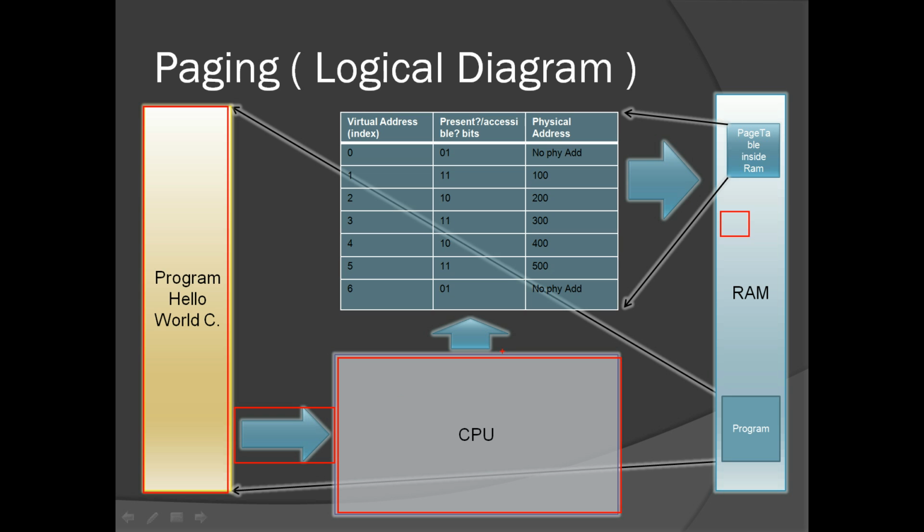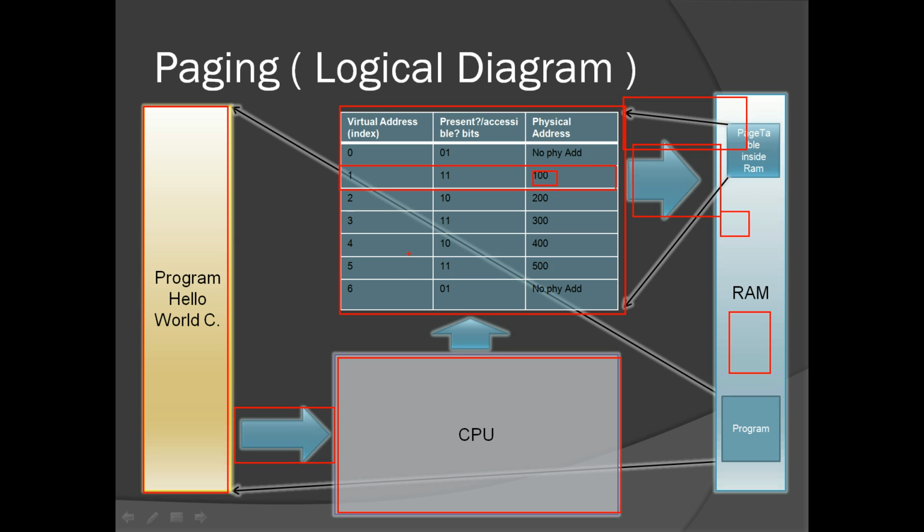Now the CPU has access to physical memory. This is the page table, which is also in the physical memory. So the page table is somewhere here. Using the page table, which has the corresponding translation entry here, we'll get the physical address, access the physical memory, and get the required page.